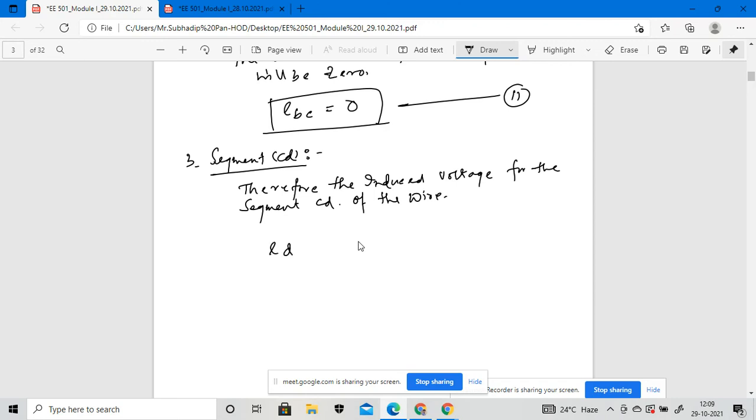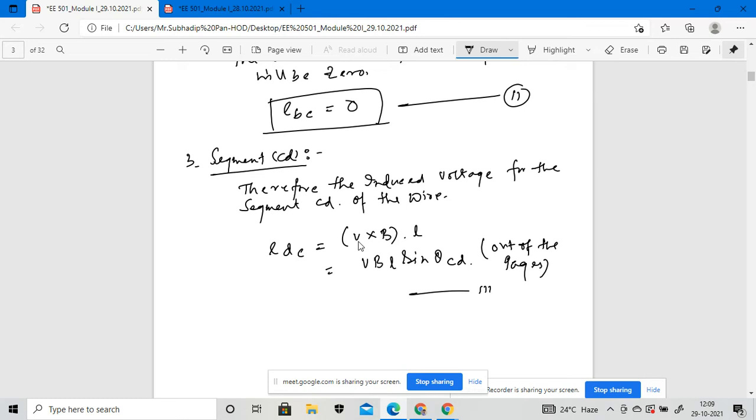So E of DC is actually the same thing: the quantity v into B into L, which equals v into B into L into sine theta of CD, which is actually out of the pages.